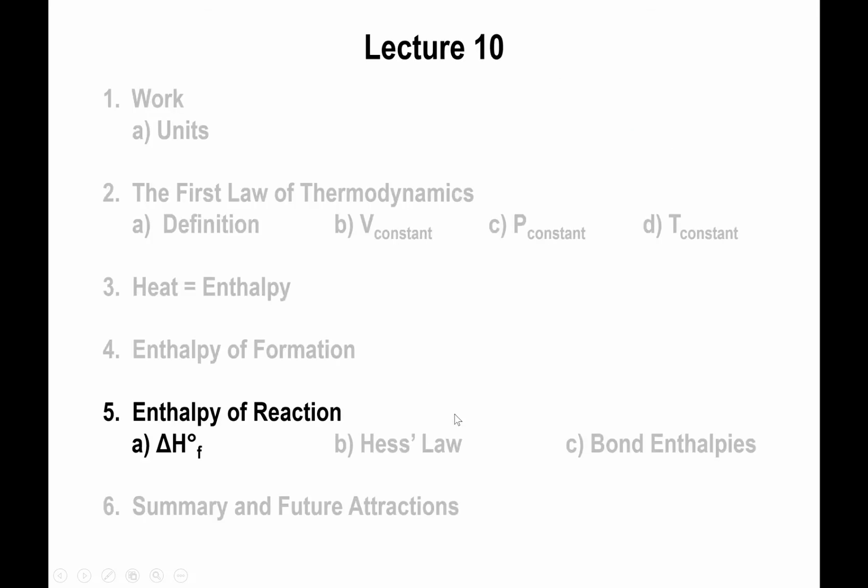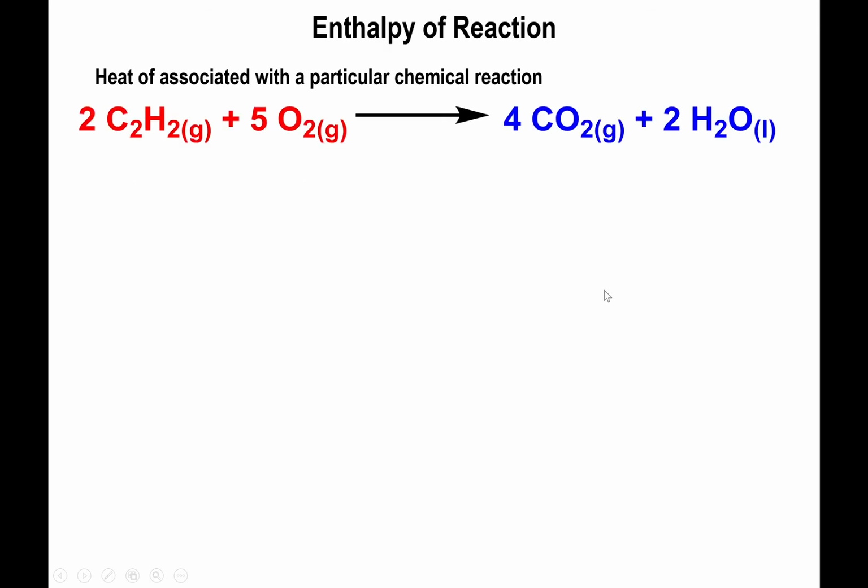I want to start with the heats of formation. Now, we already stated that any molecule or element that you may have has a delta H of formation associated with it.